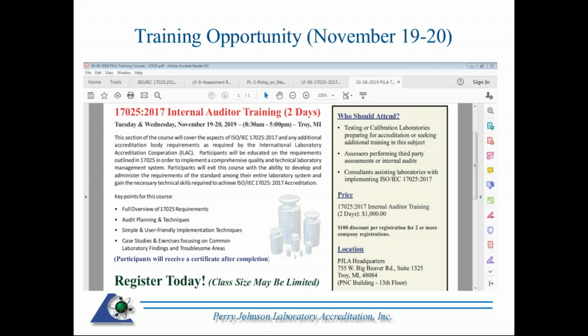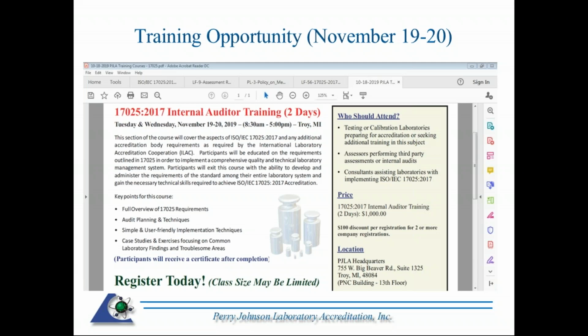So if you're new to accreditation, or perhaps someone who's going to be doing your internal audits, there's a requirement that the person be competent. The best way to show that is to create a record of it, a training record.